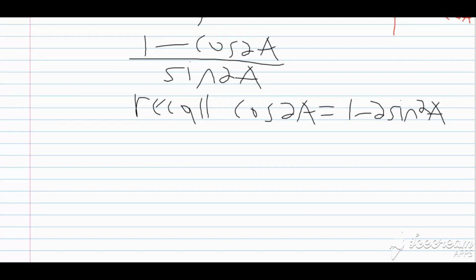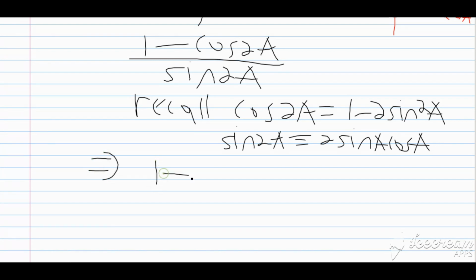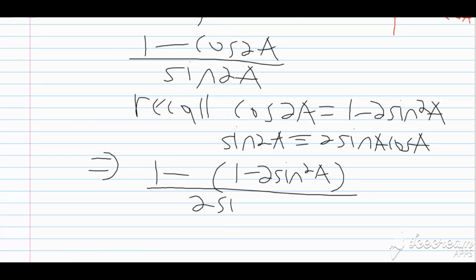We also know that for sine 2a, that is only one identity, so it's easy to recall that sine 2a is equivalent to 2 sine a cosine a. All right. So let us input these into my expression now. So my expression is going to become 1 minus, critical that I use a bracket here, 1 minus 2 sine squared a, all over 2 sine a cosine a.